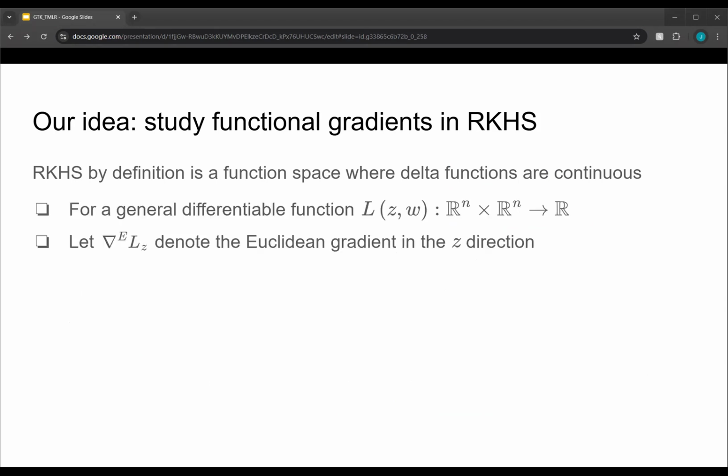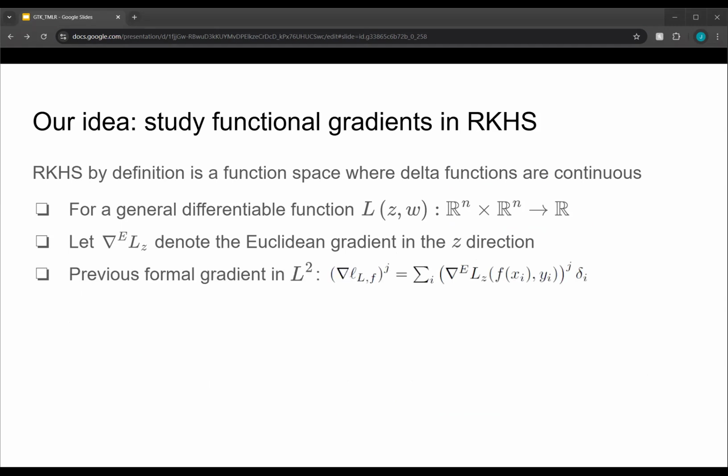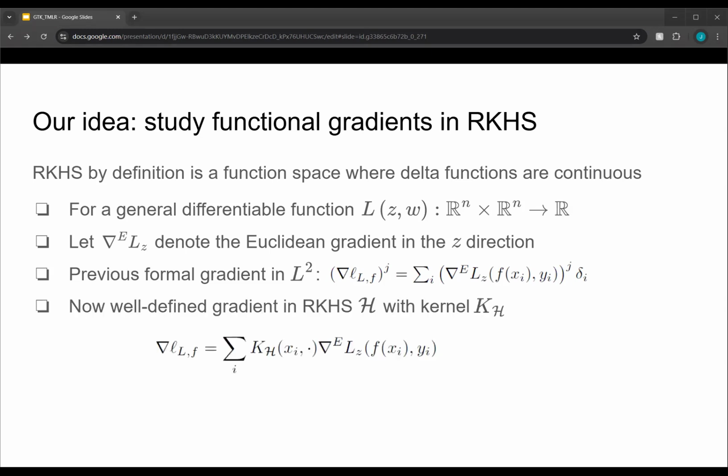For a general differentiable function L, where Z and W denote the predictive output of the training function and the ground truth respectively, let nabla_E L(Z) denote the Euclidean gradient with respect to Z. Recall our formal computation of the gradient in L2, which gives the sum of delta functions. Now in an RKHS H with kernel K_H, it becomes a sum of evaluation functions defined by the kernel. As a result, we get this well-defined kernel representation of the functional gradient.